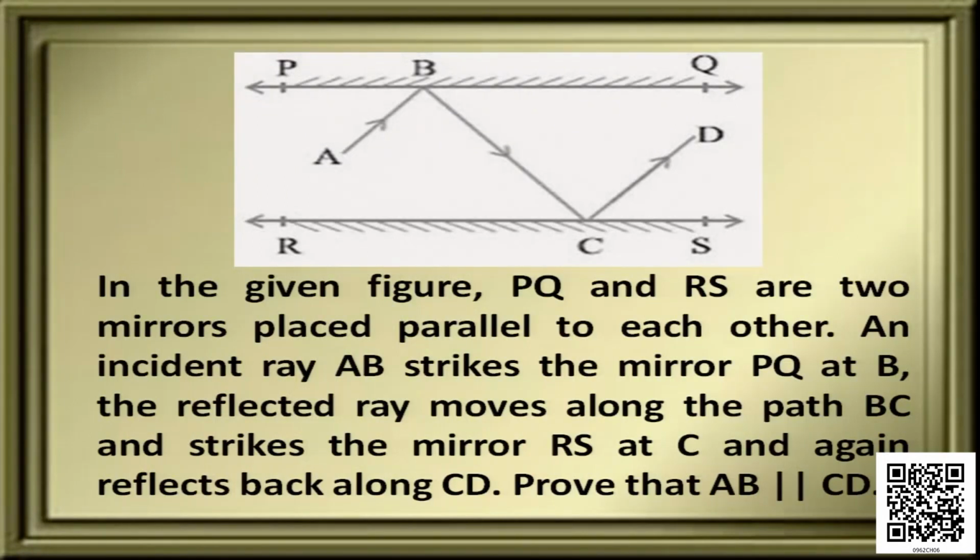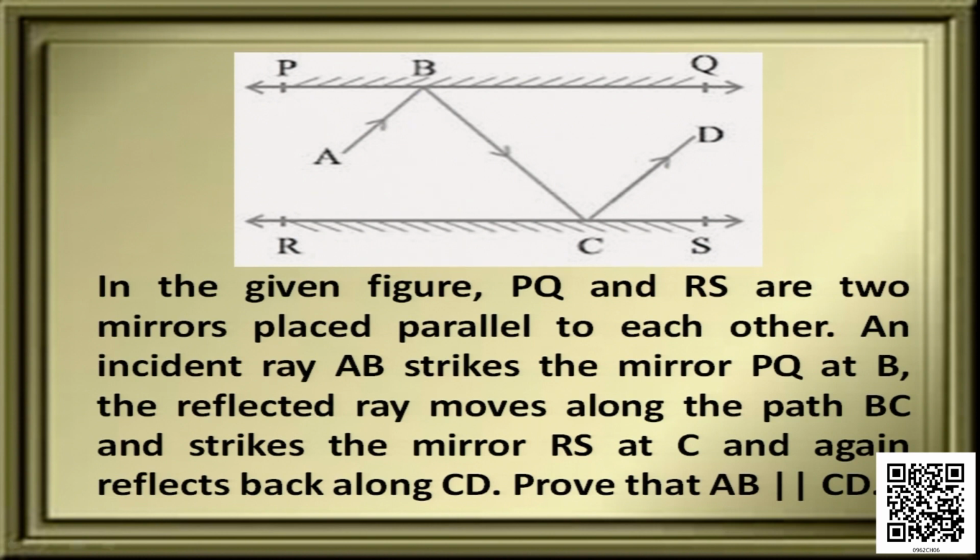In the given figure, PQ and RS are two mirrors placed parallel to each other. An incident ray AB strikes the mirror PQ at B. The reflected ray moves along the path BC.